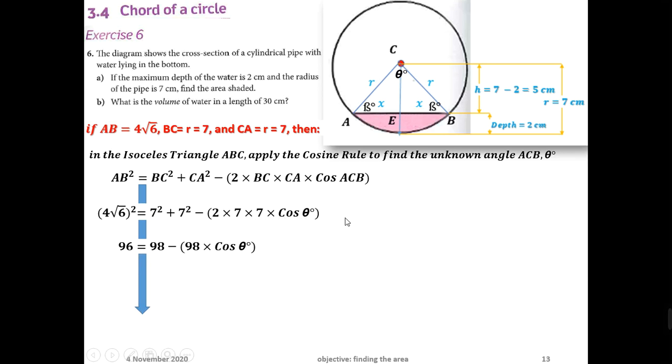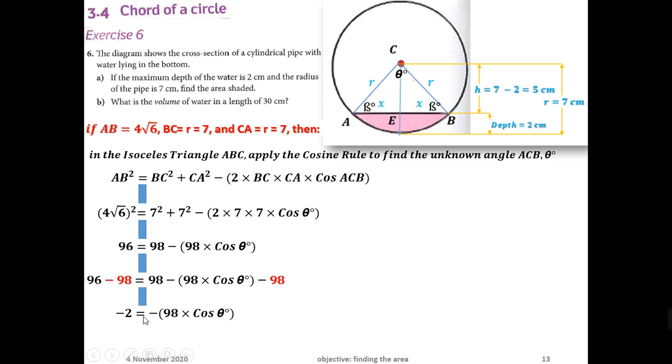Now we're going to apply opposite operations. So we're solving for theta. We're going to get rid first of the 98. So we're going to subtract 98 from each side of the equation. 96 minus 98 is going to be minus 2 is equal to, and 98 is going to be cancelled with this 98.